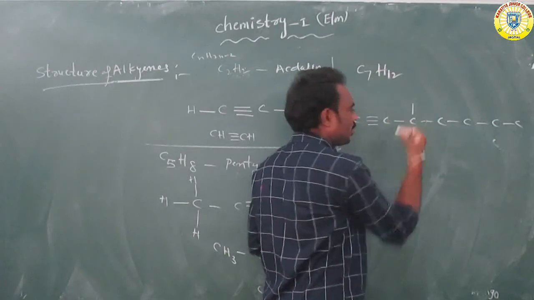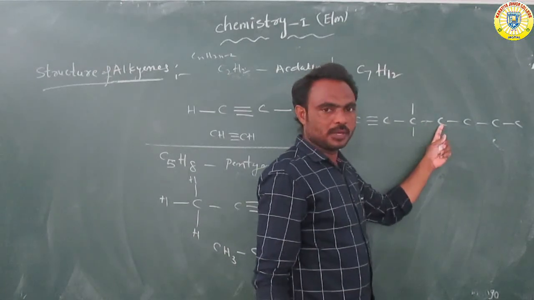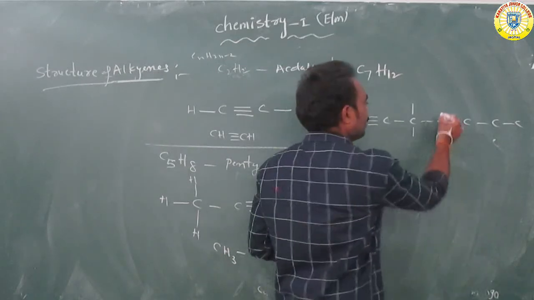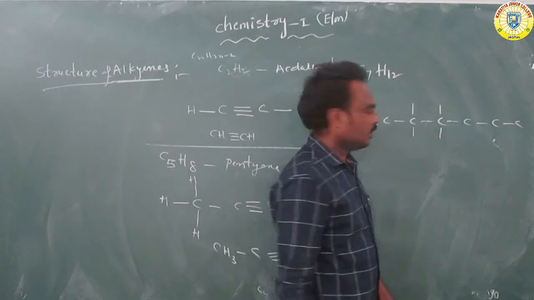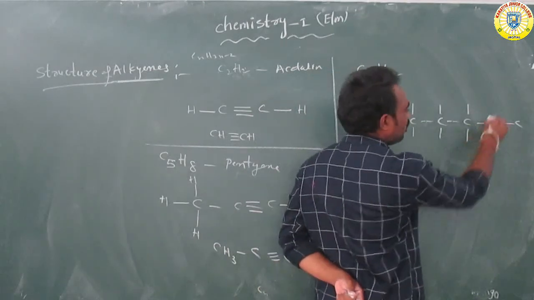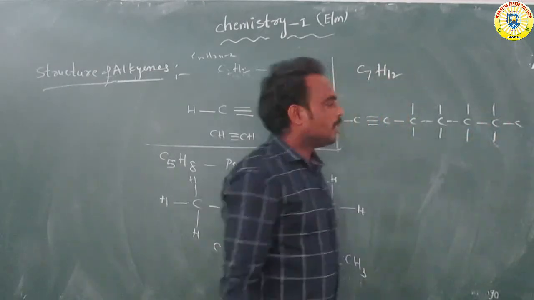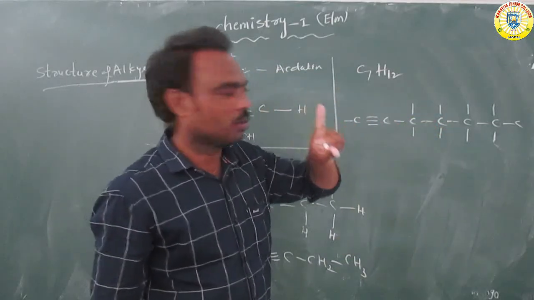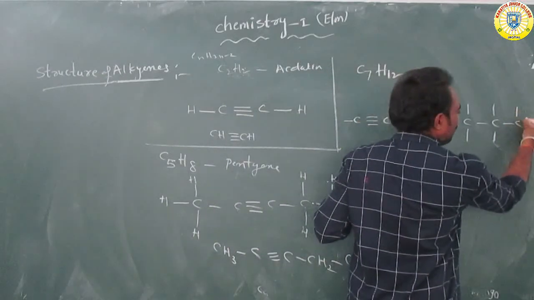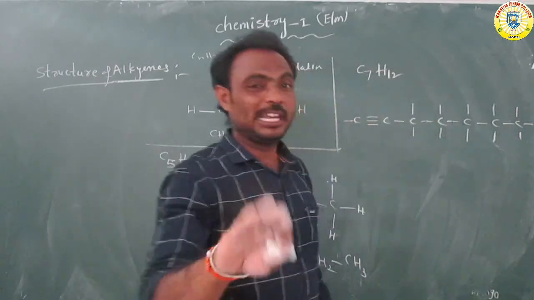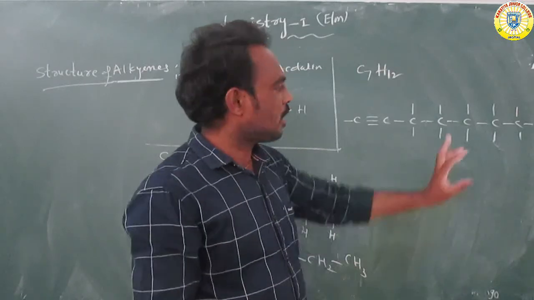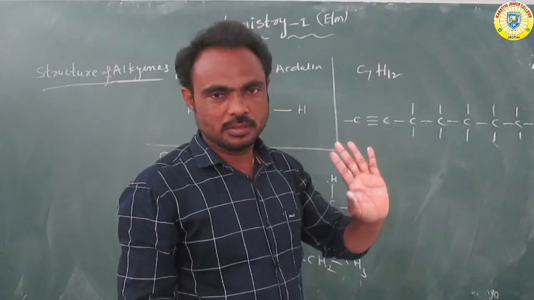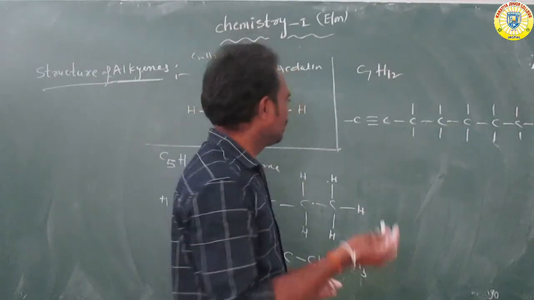This carbon is also attached with 2 bonds, remaining 2 bonds. But the last carbon contains only a single bond, so we need the remaining 3 bonds. We arrange the hydrogens.